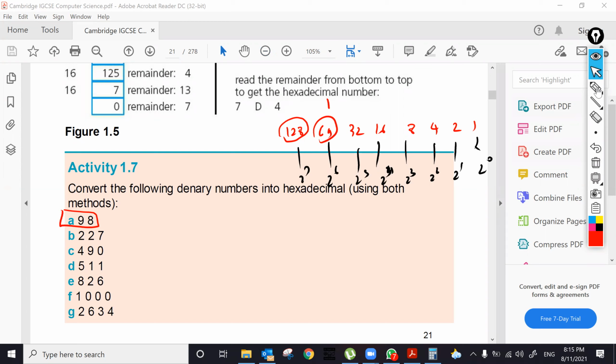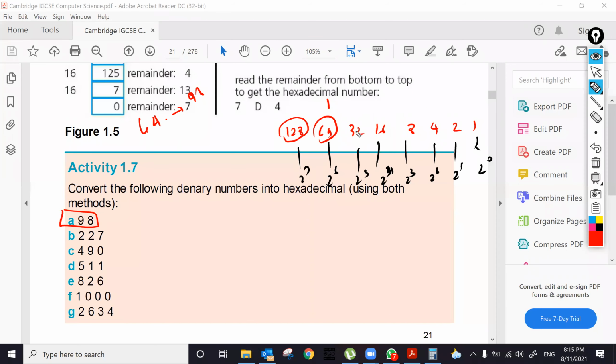Right. So 64, I get it. Now we have to match this value. Now I have 64. So up to 64. Now starting from 64 till 98, I have to add values.